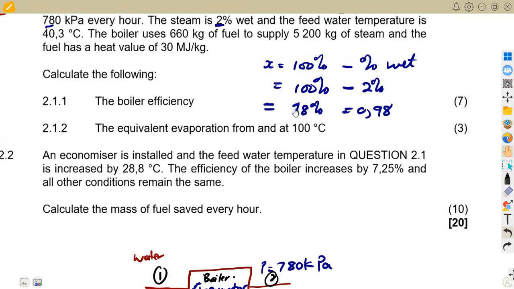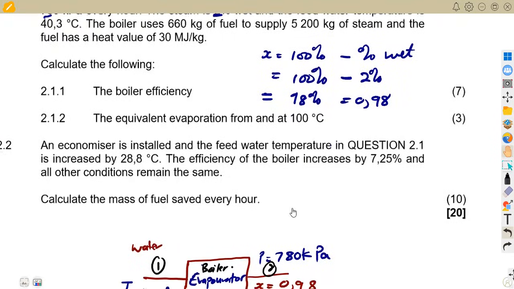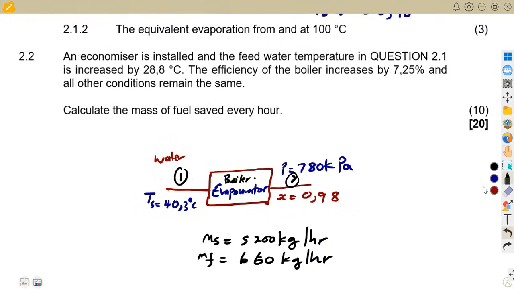We are also given that the fuel has a heat value, which is the calorific value, of 30 megajoules per kg. When we calculate our h for the boiler, and also the h for the water entering, which is hf or h1, they are going to be in kilojoules per kg.